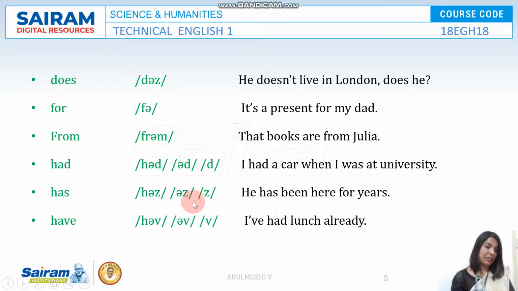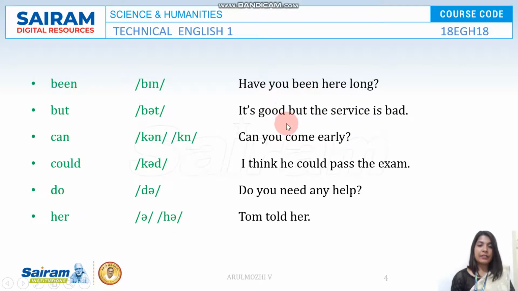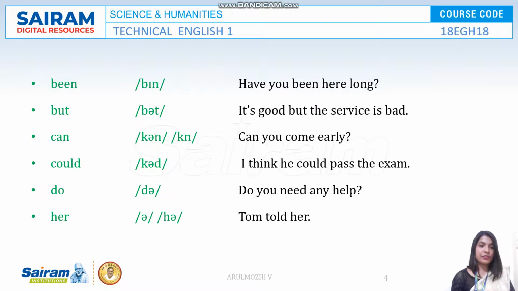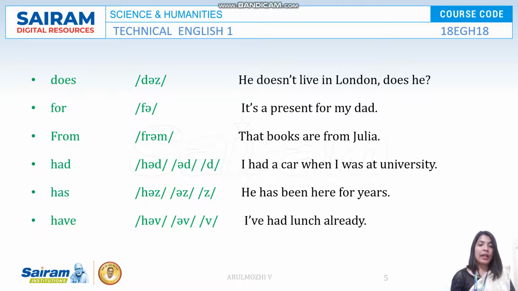Has been for years. Next one. Have becomes 'v or 'ave. Most of the times, 'v. As we saw in the previous sentence. I've had lunch yesterday. I ate lunch yesterday.